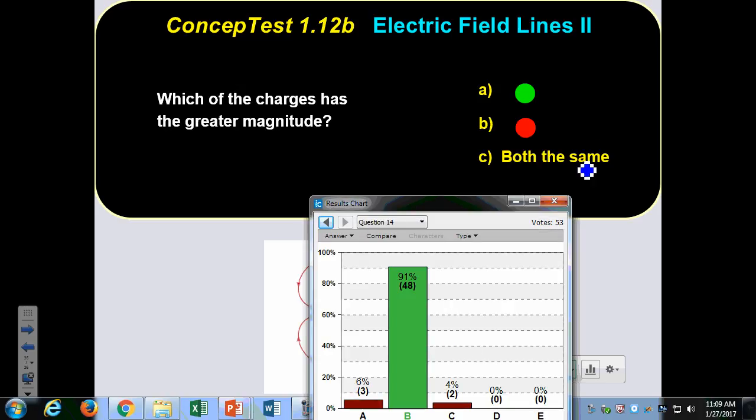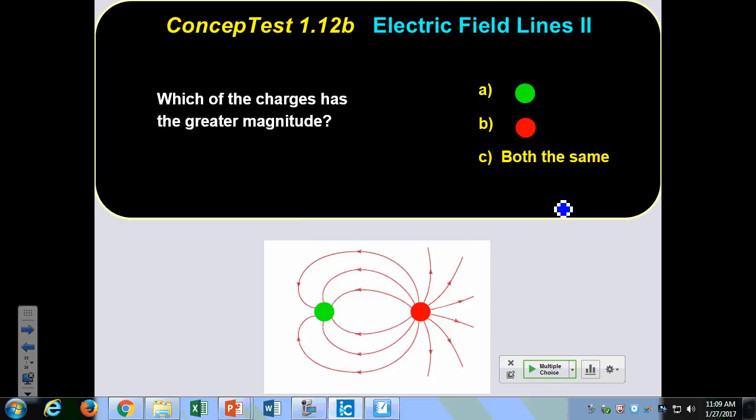Look at that, y'all are awesome. All right, by how much is it bigger? By what factor? Let's say this is 6 coulombs. What is this charge? 12, because it has twice as many lines. So you'll probably see a question where I just show you a configuration of two charges, and you have to tell me about the signs and or the magnitude of the charges, or the ratio of the charges, or something along those lines.